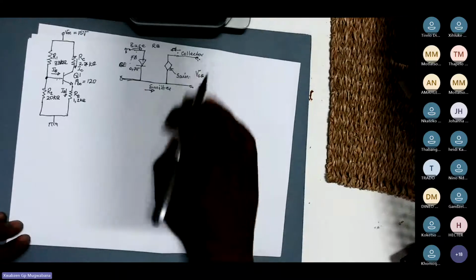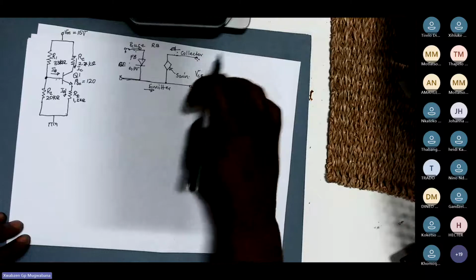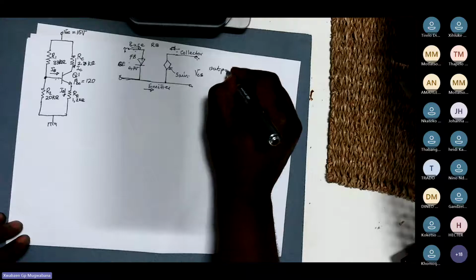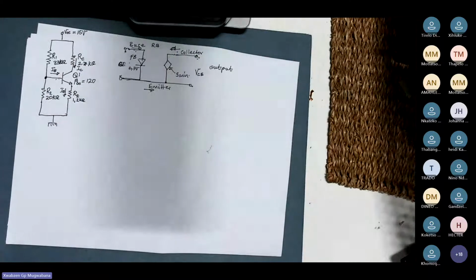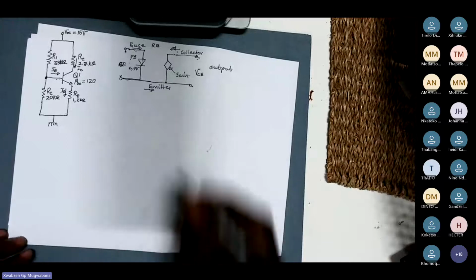Now, once you have the VCE, this is where you determine what will be your output. At these 2 points, that is where you determine your output. And remember, your collector current is base current dependent.